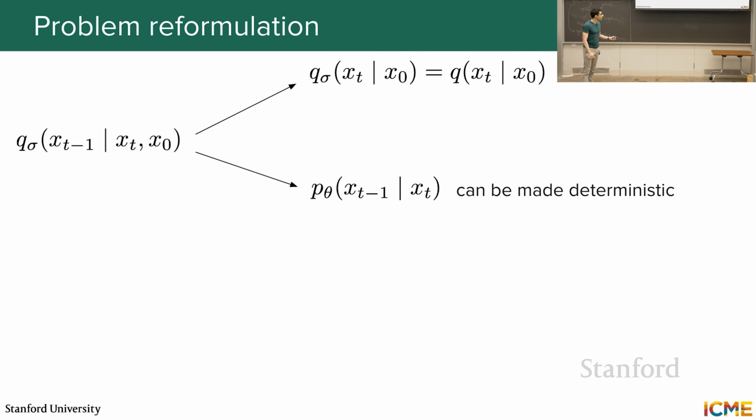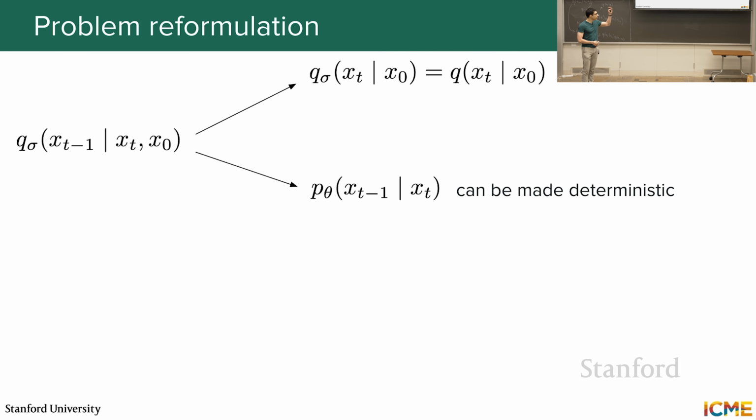So we want to find a family of functions, let's say Q sigma. And I'm going to say what sigma is very soon and motivate why we are talking about a family of functions here, such that we match the marginals with respect to the DDPM forward process.